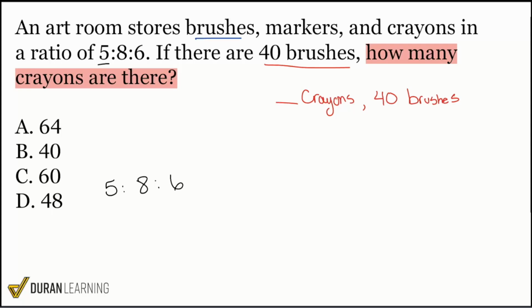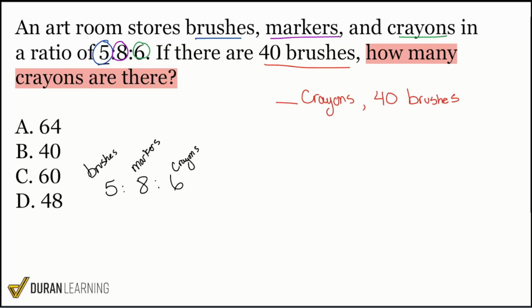So that means that my brushes are 5, my markers are 8, and my crayons are 6. Let me write that down to show you where things are. We have brushes, then we have markers, and then we have crayons.